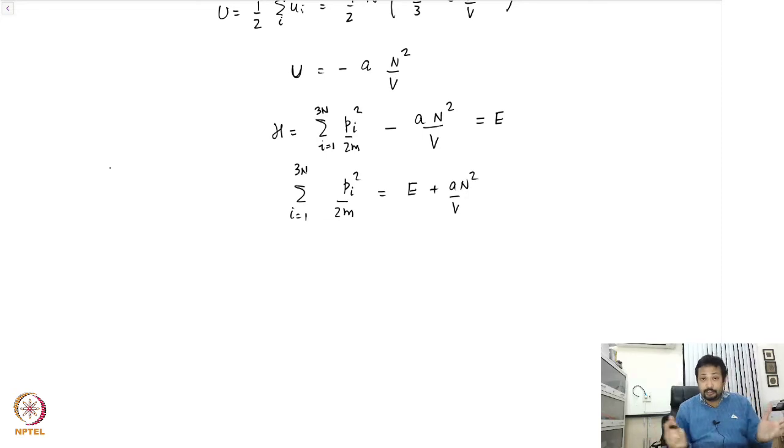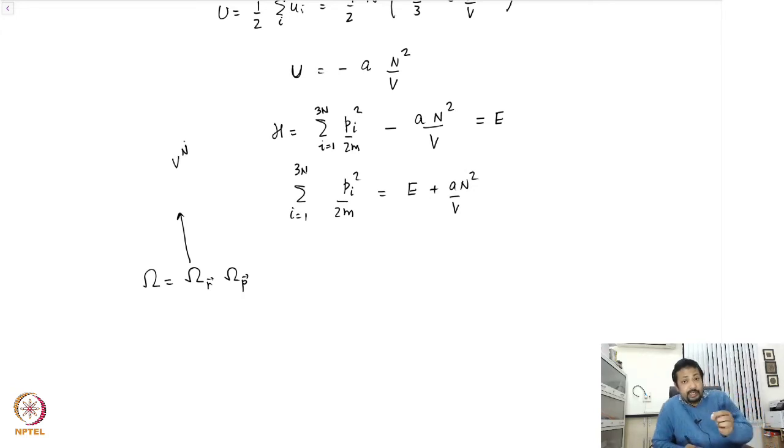If they are point particles with no size, then of course each of these particles can have a volume V, and therefore the total number of microstates, omega, in the coordinate space omega r in the ideal gas case was V to the power n, because they are not interacting and could have been taken as point particles, each allowed to take the volume V. But now in our case they have a finite size and an interaction.